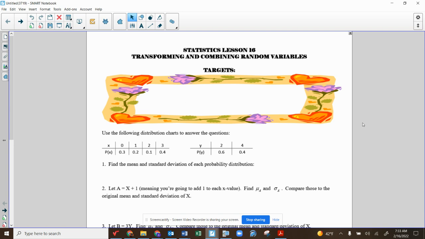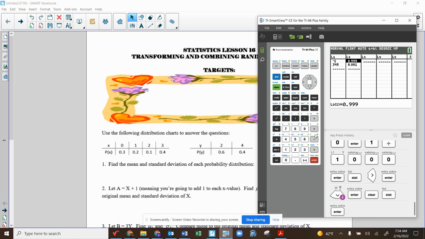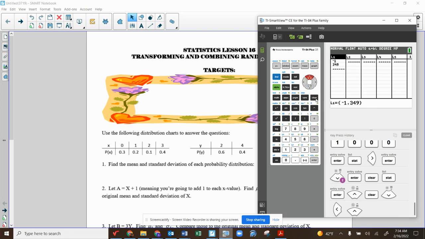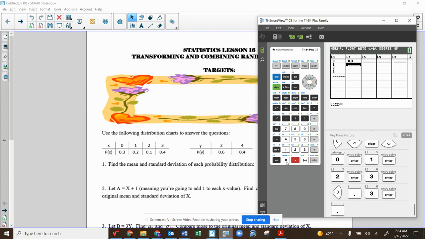All right, so the first thing I'm going to do is find the mean and standard deviation for these two things here. If you remember from Lesson 15, you take your x values and put them in L1, and you take the probability values and put them in L2.